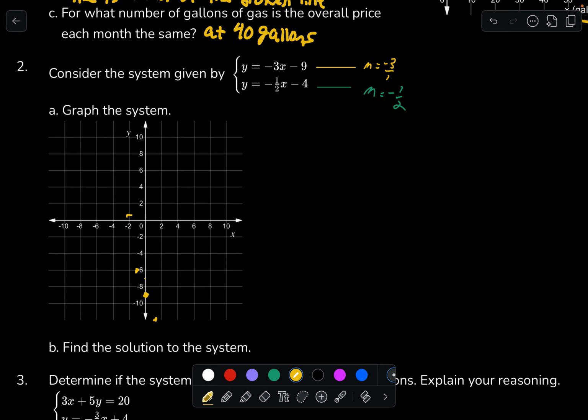That's all you really need, but go up 2, 3 over 1. I think that's going to be enough. And we estimate this. And there's the yellow graph. The green graph is a little bit easier because it has a y-intercept at -4, which is right there.